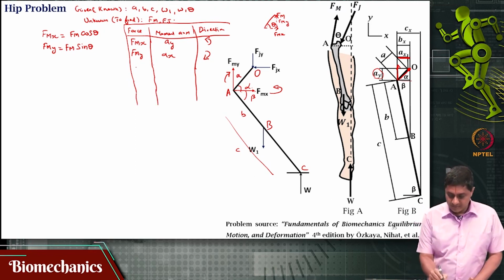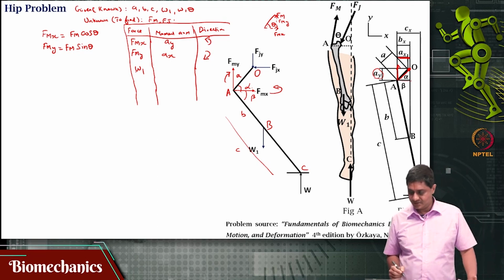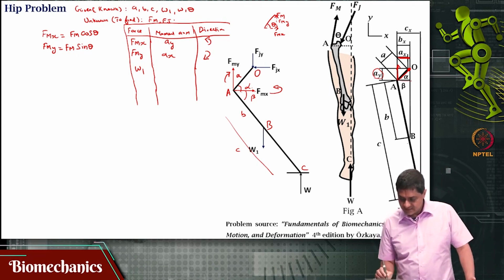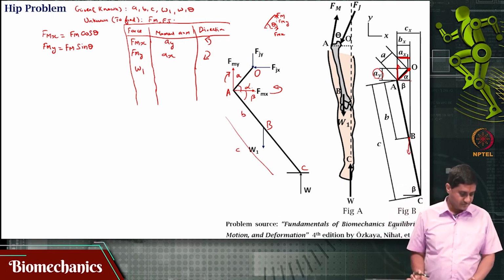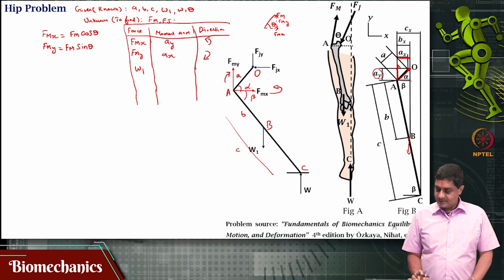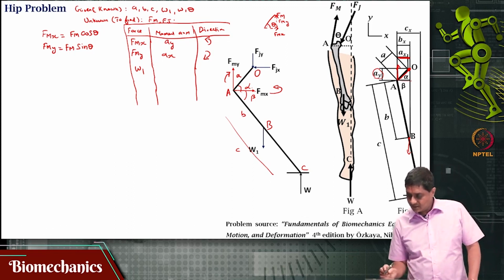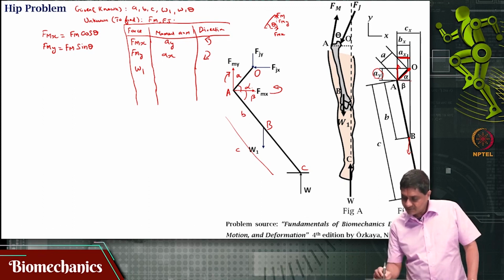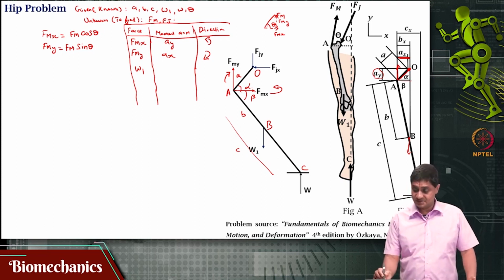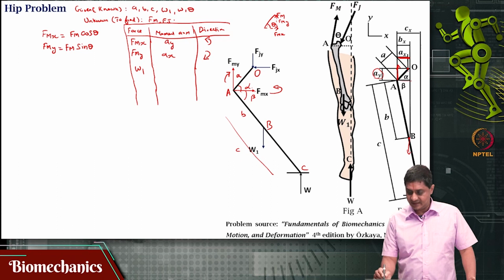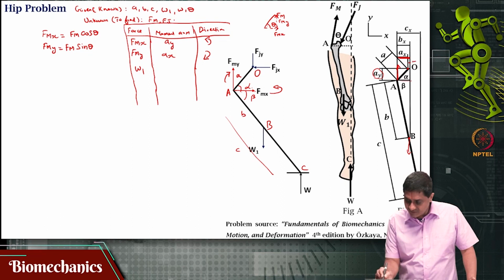Okay, W1. W1 is acting from that point, is it not? That's not Bx, right, because I am interested in finding moment about this point O. Remember, moment I can take about any point I want in this system. The way I have drawn, that is O actually technically. So, this is the distance that I am interested in finding out.